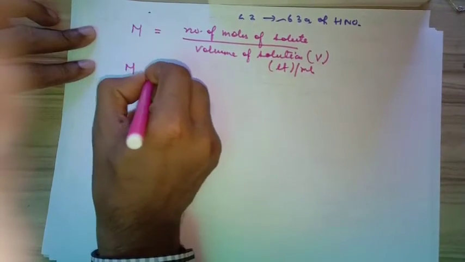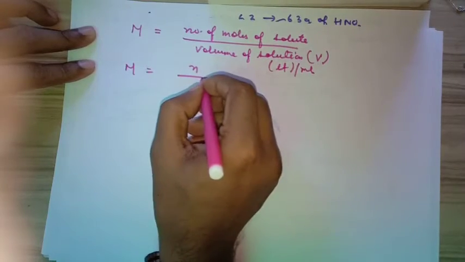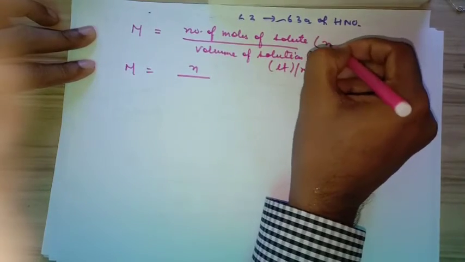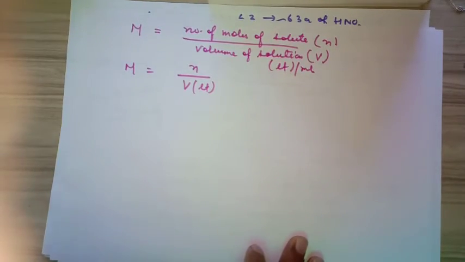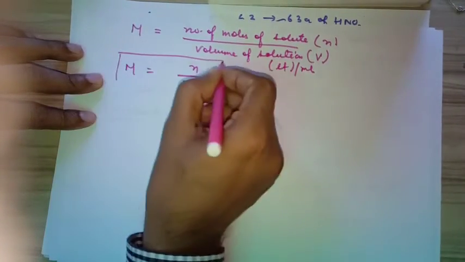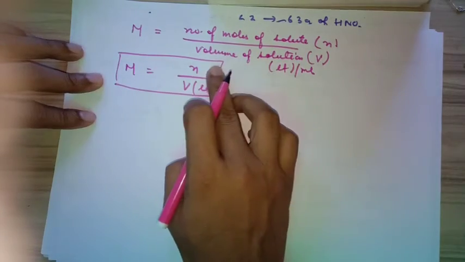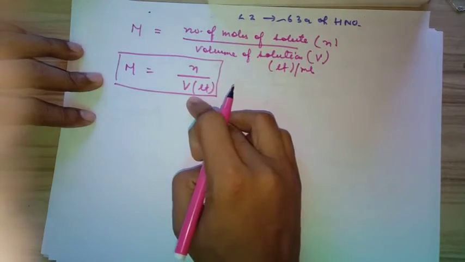Now molarity can be given as n by V, if number of moles is represented as n and volume as V, if it is in liter. Now this is termed as molarity. If we have number of moles and volume of given solution, we can find molarity.